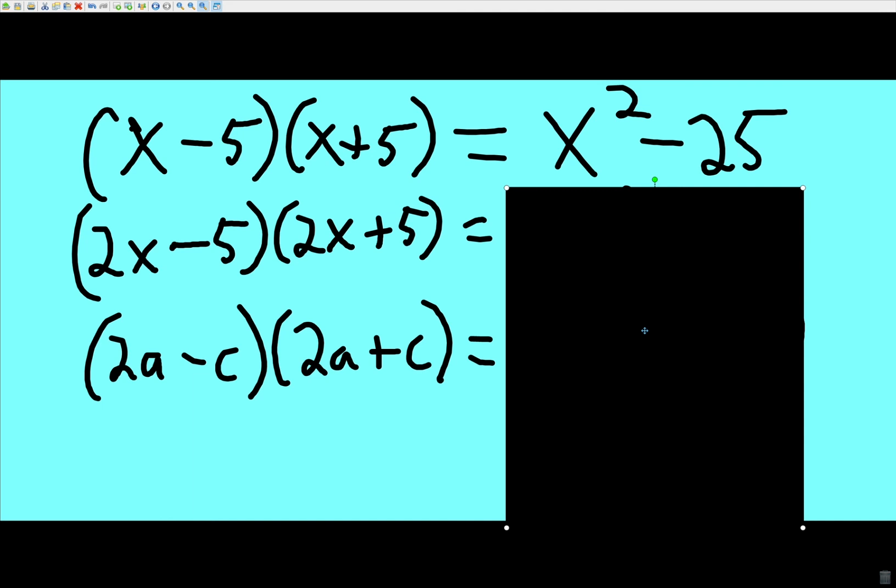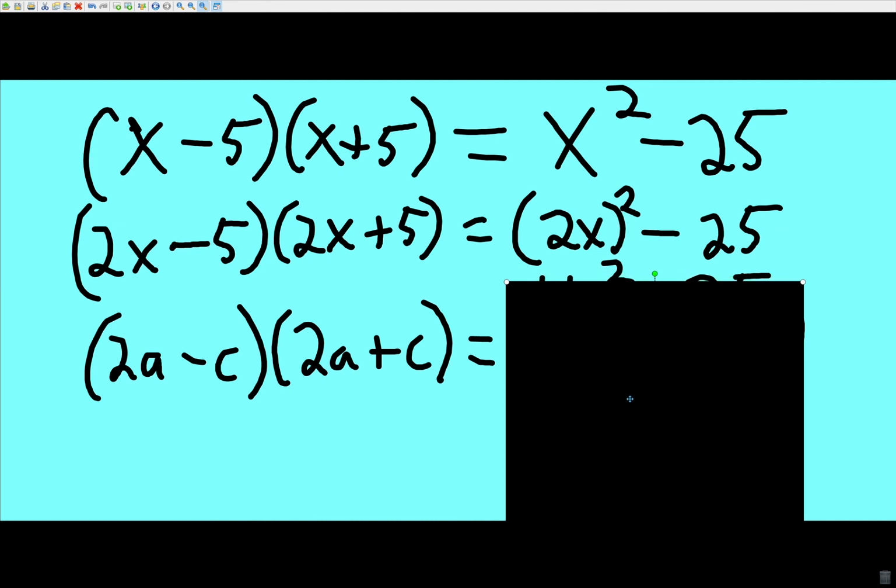But I'm going to keep going. So the next one, 2x and 2x, that's going to be 4x squared. And then the last term again will still be the 25. So we're not even worrying about the middle. Think of it as the FOIL method, where we do first, outer, inner, last. If I write the word FOIL, what are we doing here?